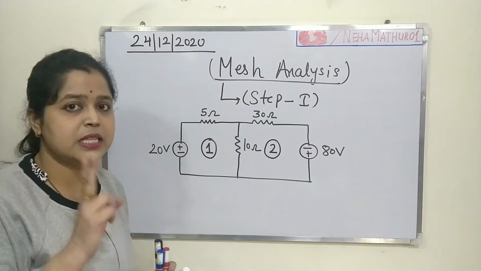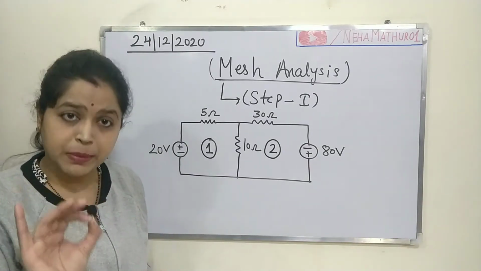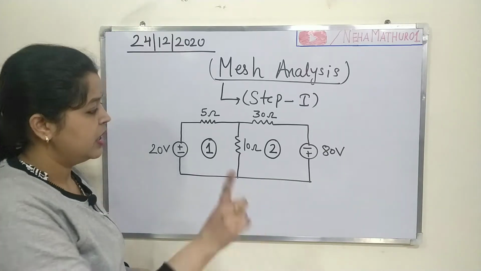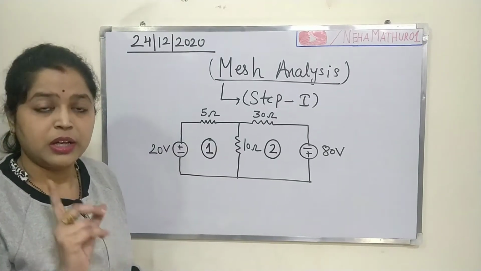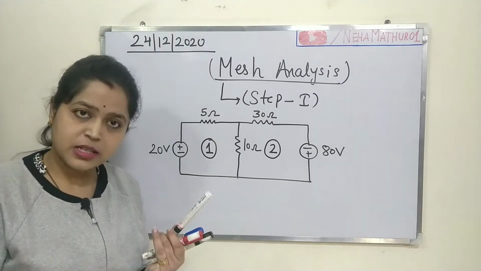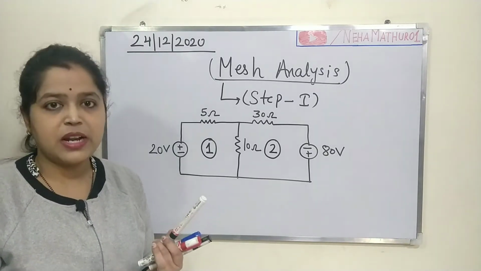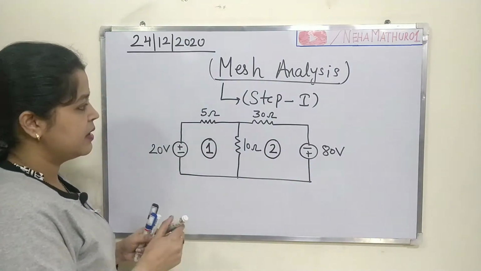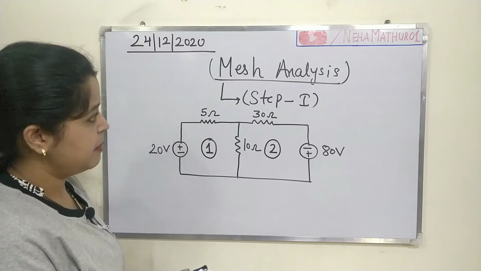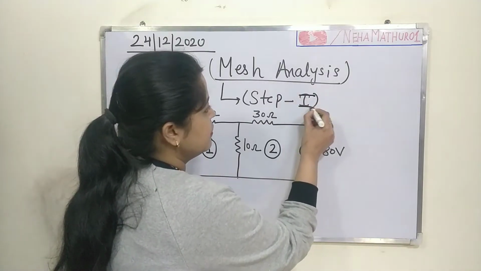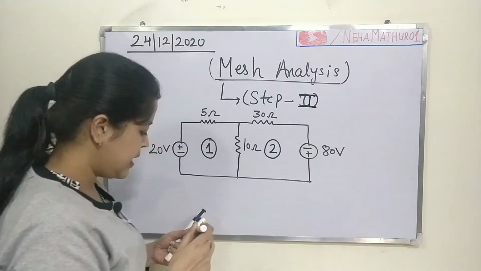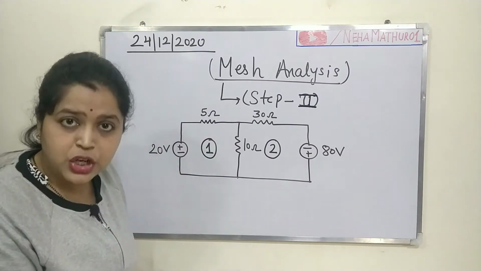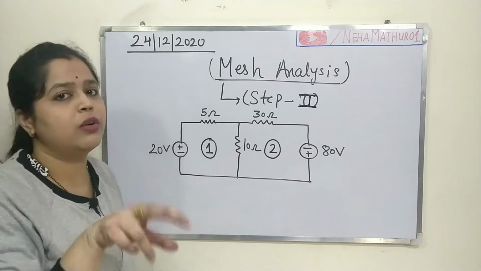Now come to the second step: you will have to mention the current for each of these meshes. You can consider the current clockwise as well as anti-clockwise. The first step is completed, and in this second step you will have to mention the direction of the current as well as the labeling of the current.